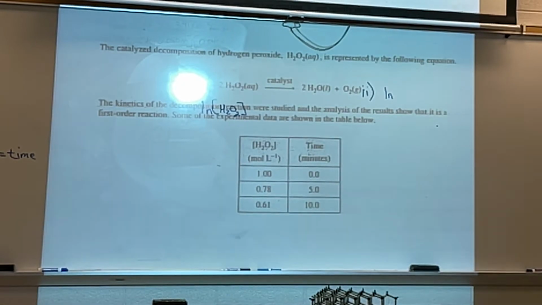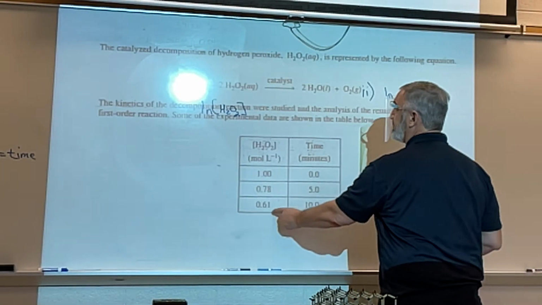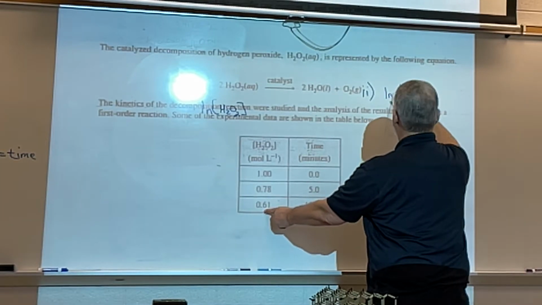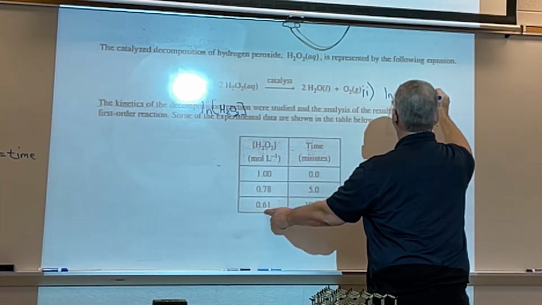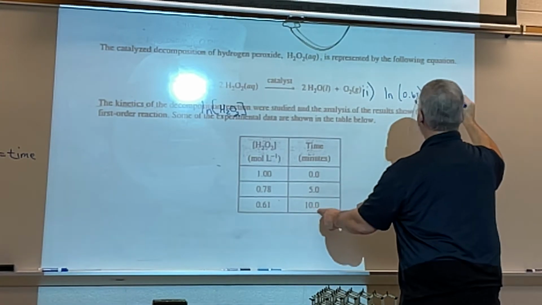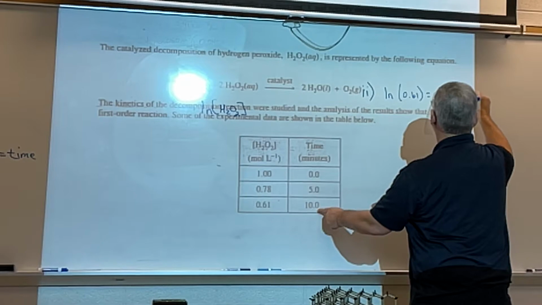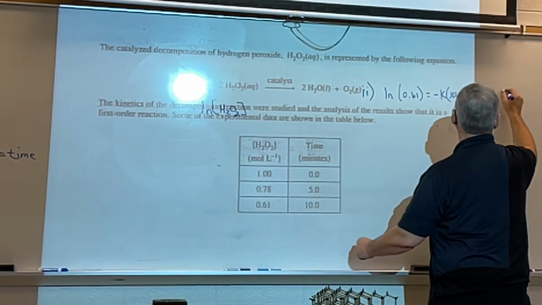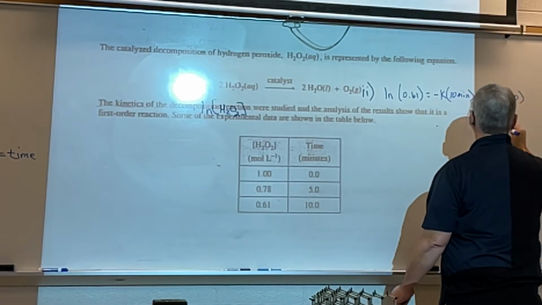Okay, so the concentration, let's go times 10. Concentration is going to be 0.61, is equal to negative K times 10 minutes plus the natural log of my initial concentration of 1.